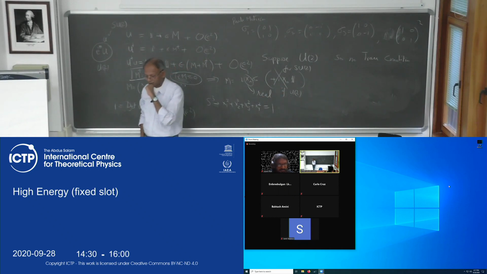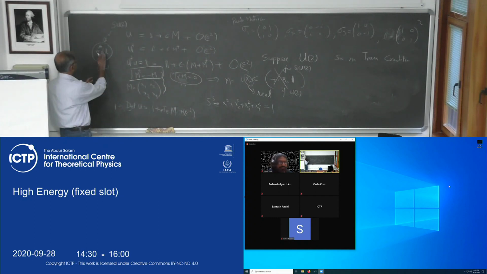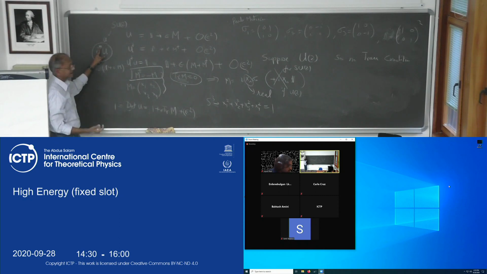So for the U2 you will have that extra, and that is nothing else but just this guy. Because after all, when you go to the infinitesimal level, you're writing this as identity plus epsilon n, but e to the i theta also, because the identity is when theta equals 0, right?